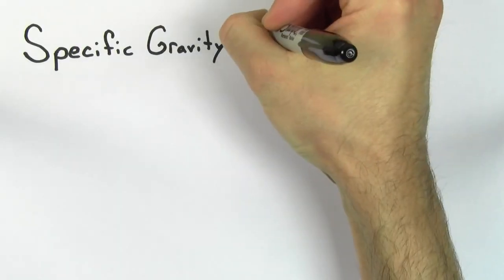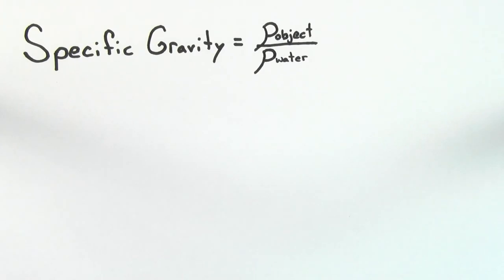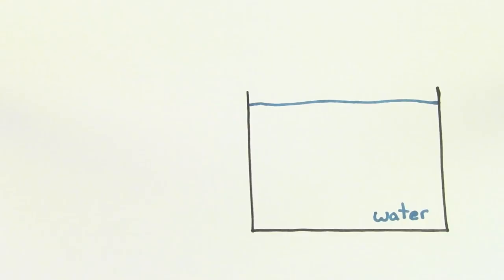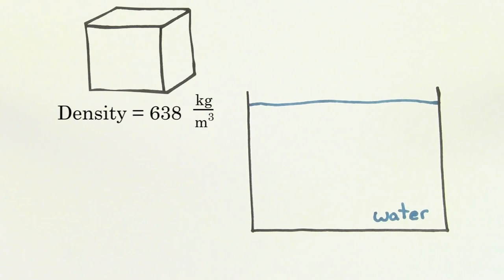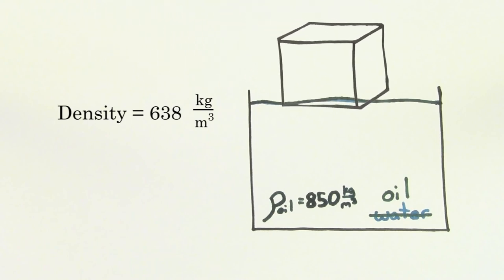Usually when people are referring to the specific gravity, they're referring to the density of the object divided by the density of water. But sometimes it's useful to define the specific gravity with respect to a liquid that's different from water. For instance, if you were to let some wood of density 638 kilograms per meter cubed float in oil that has a density of 850 kilograms per meter cubed, you could still find the percent of the wood that's submerged underneath the oil.